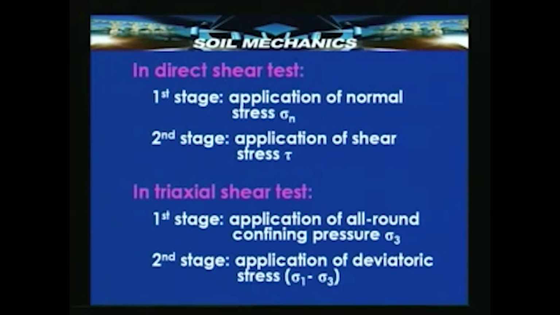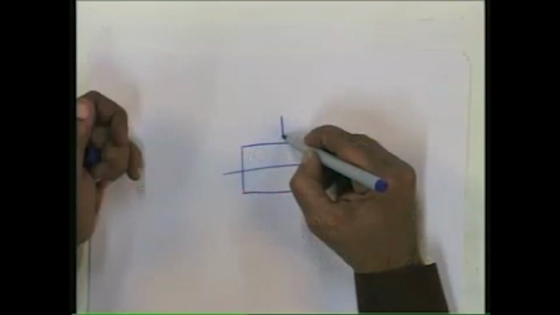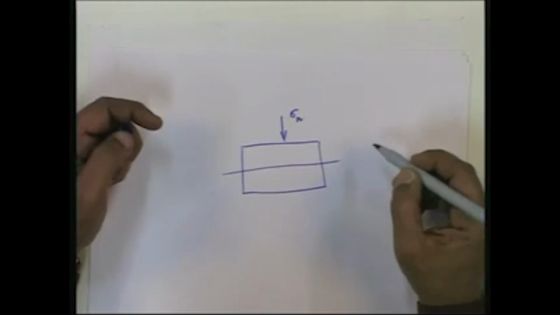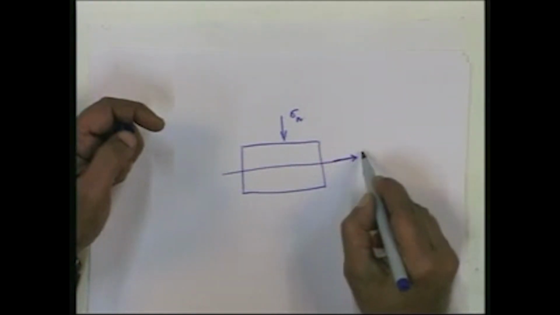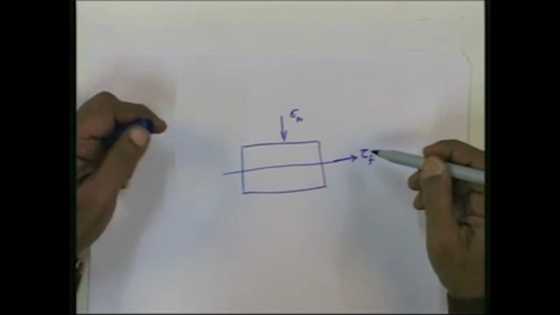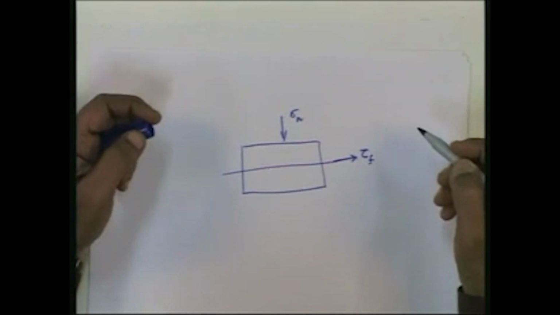In the direct shear test, the first stage of the so called confinement corresponds to the application of the normal load. If I have a direct shear sample, this is the failure plane. Application of the normal load sigma n corresponds to the confining stress, and the application of the shear stress until failure corresponds to the second stage of loading.